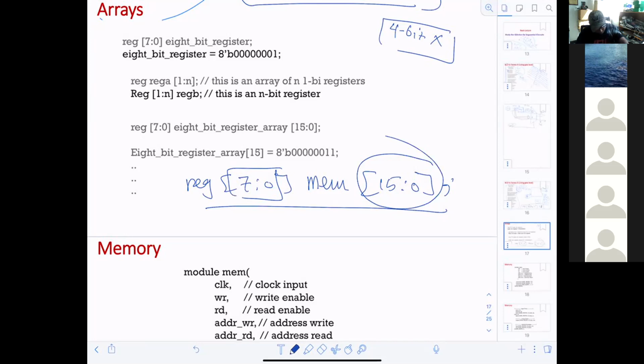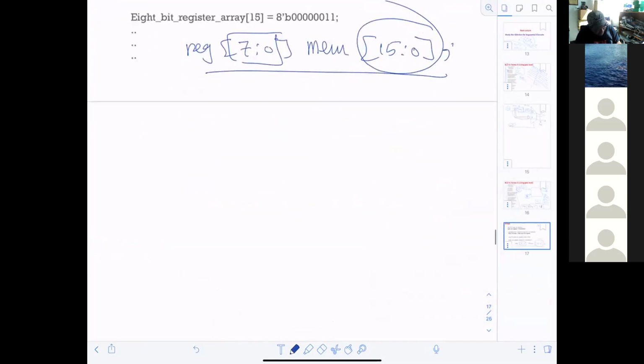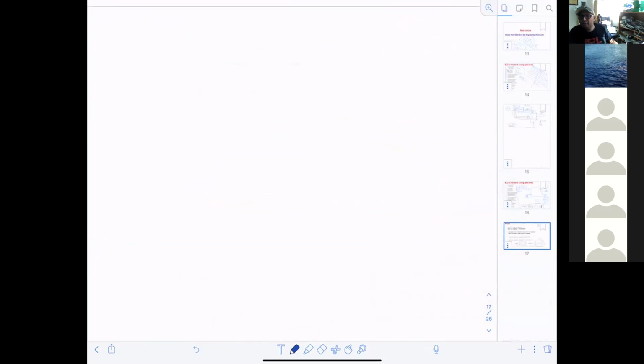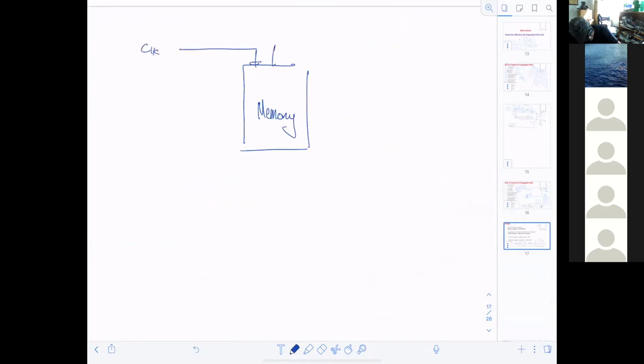Well, I'm waiting for Vivado. I will do something in front of you. If I build a memory, what would the memory look like? Normally, my memory should be like this. That's called memory. It might have a clock. It might also have a reset.